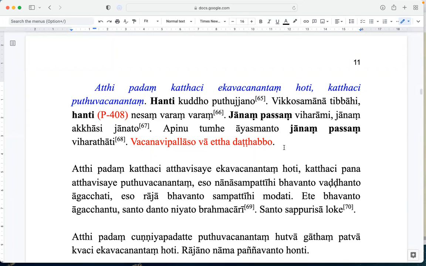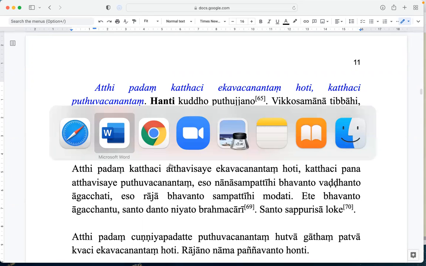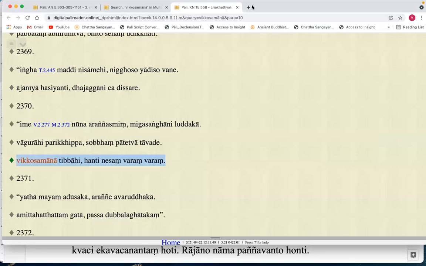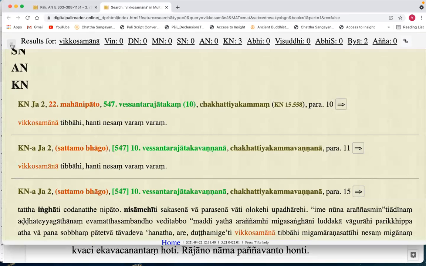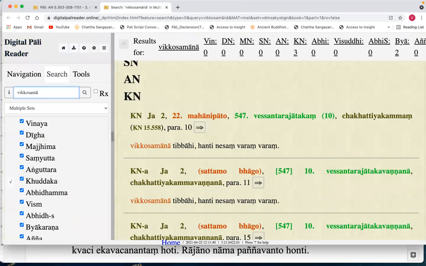Okay, so let's check the reference. Jana basan viharami, jana ekasi janato. Singular. Viharami jana ekasi janato. Okay, so the person may be ekasi or jana.